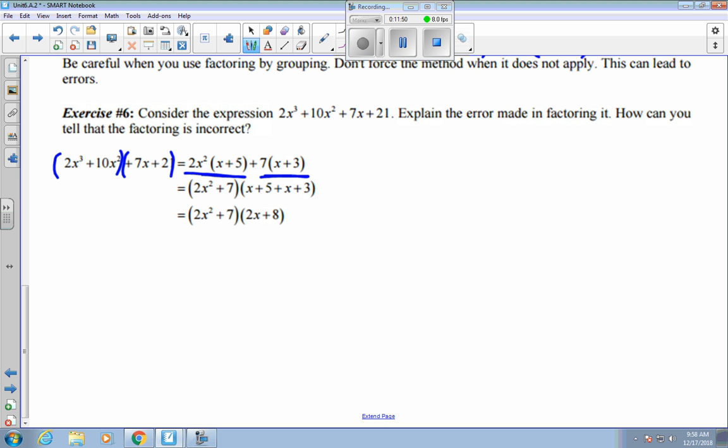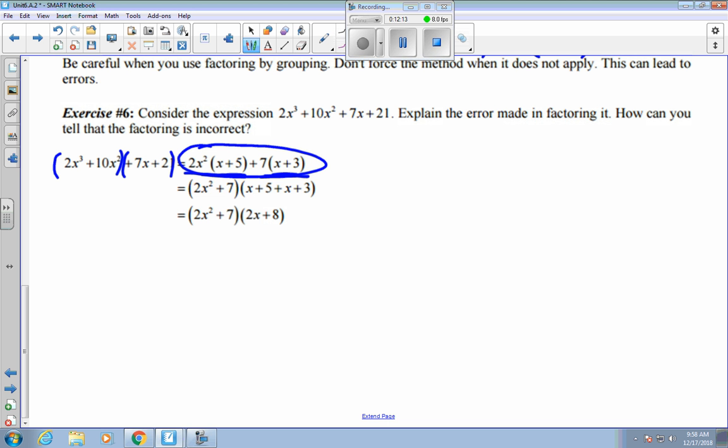They want you to explain the error made in factoring. Well, we have nothing in common in these two terms. So unfortunately, that's all we can do. We have to stop there because we cannot take out this common term. You need to have one of them in common. Otherwise, it will not work.